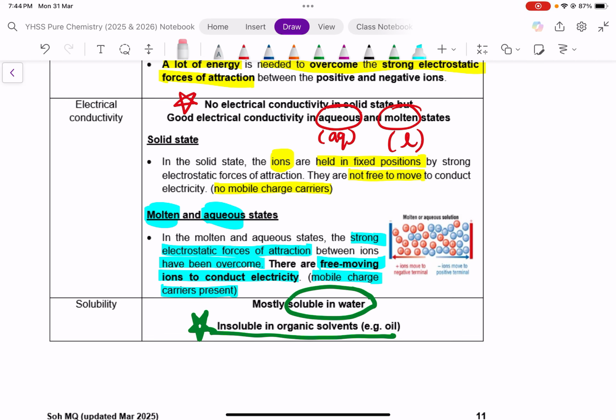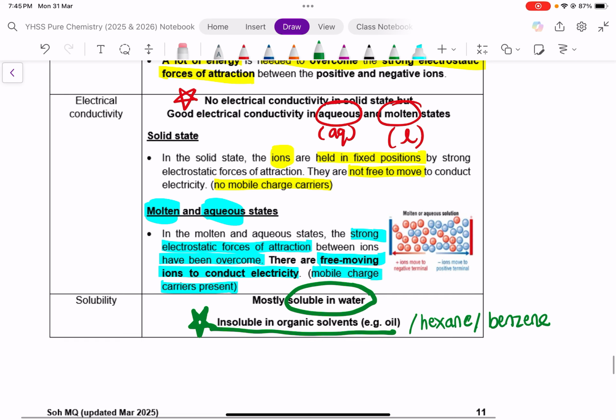Another organic solvent that's quite commonly seen in the chemistry Olympiad is hexane, and benzene. These are examples of organic solvents which are commonly used in experiments. So your ionic compounds will be insoluble in such organic solvents. So we have gone through the main physical properties for your giant ionic lattice structures.